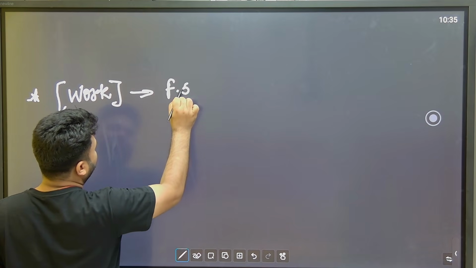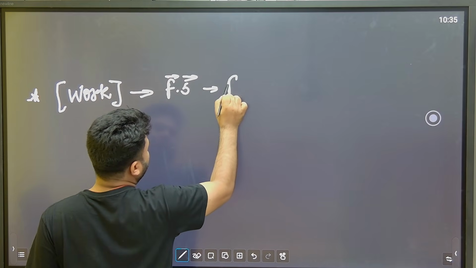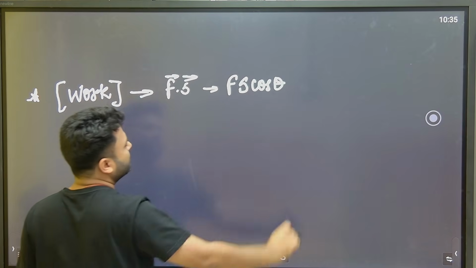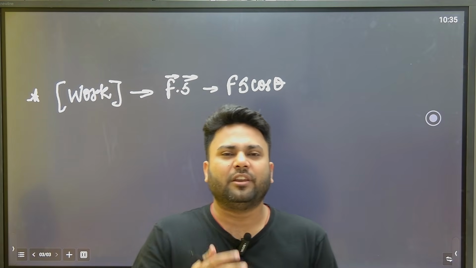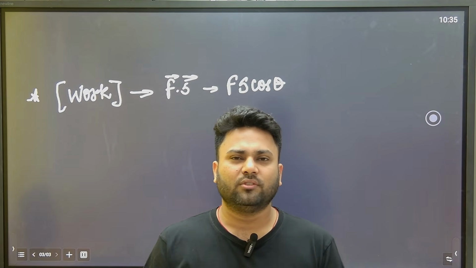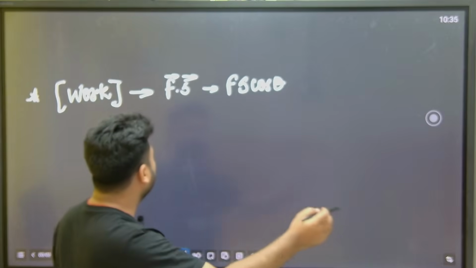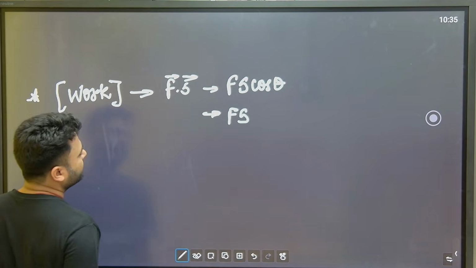So F dot S, we know this is the work. So this is force into displacement cos theta. The cos theta will have some value like 1 by 2, 1 by root 2. So it has no mass, no length, no time. So basically we can write force multiplied by displacement.